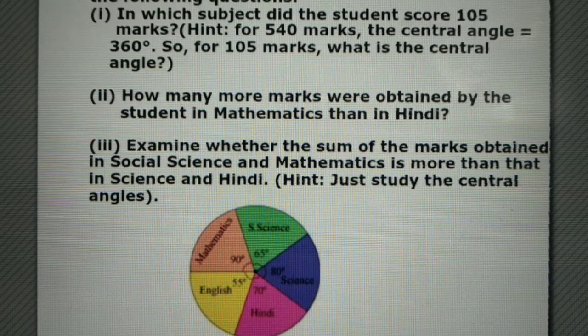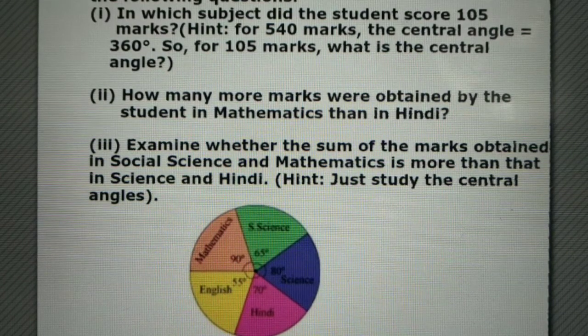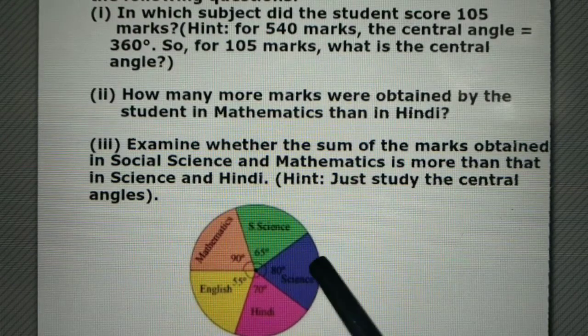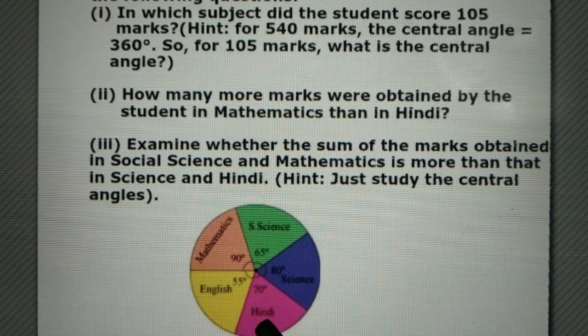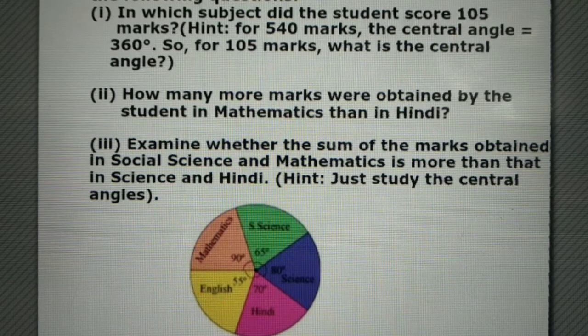For mathematics, 90 degree means the maximum marks a student gets. After that, the next angle is 80 degree, which is with science. Next, a 70 degree angle with Hindi. A 65 degree angle for social science. And for English, we have a 55 degree angle.